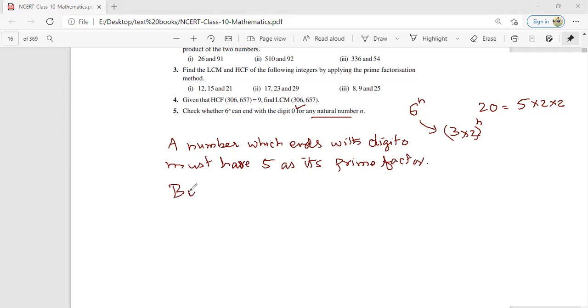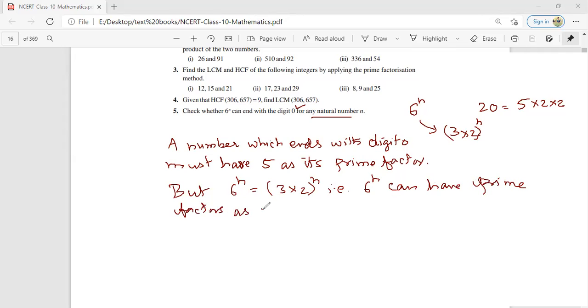That means one of the prime factors must be 5. But 6 raised to power n can be written as 3 into 2 raised to n, that is, 6 raised to power n can have prime factors as 3 and 2 only.